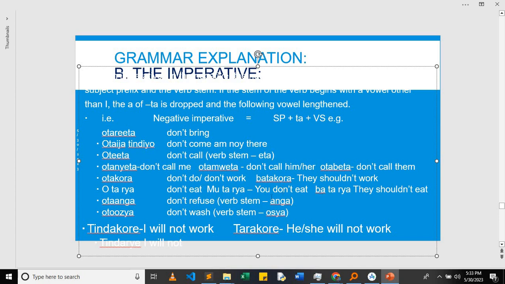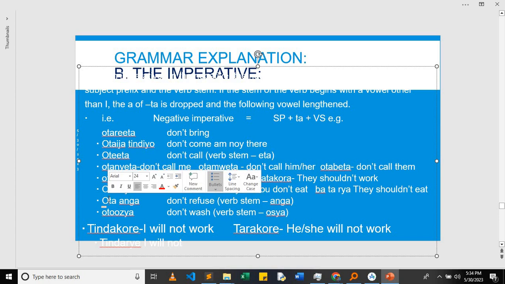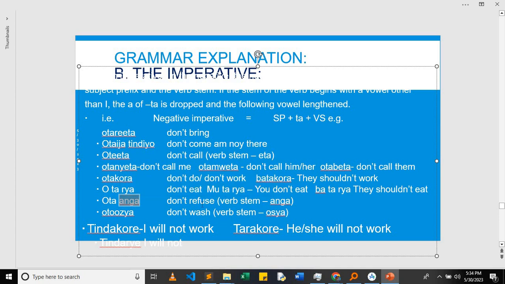Then we have otanga. You know this one comes from okwanga. This anga means to hate or refuse. So this is don't refuse, because the word anga means to refuse or to hate.